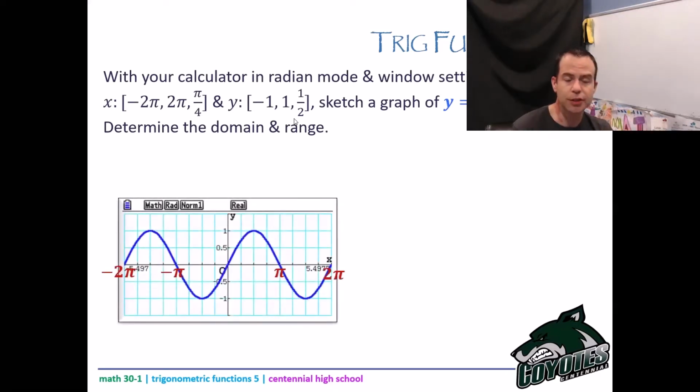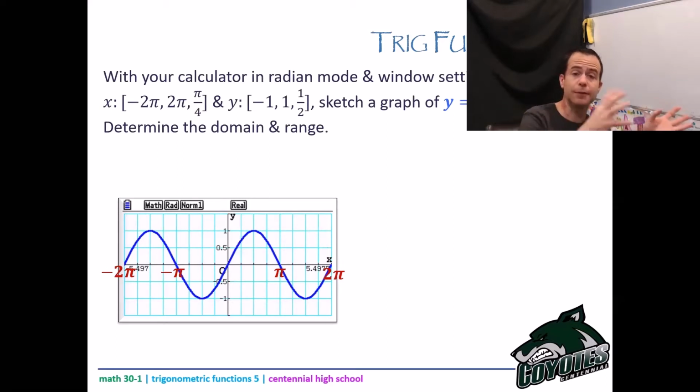This is what it should look like. Your graphing calculator won't give you the pi and 2 pi as actual exact values, but I've written them in there just so you have an idea of where you are. The domain for this guy will be real. I've already gotten you to graph this. We introduced the graph of a sine function, both for sine theta and cos theta, a couple lessons ago, so this should look familiar to you.